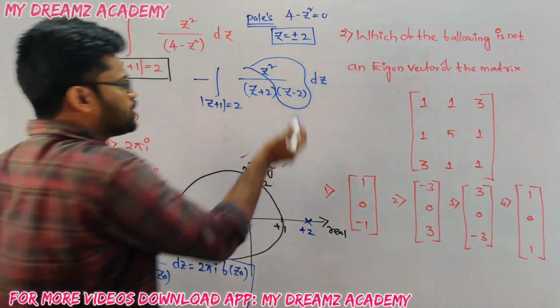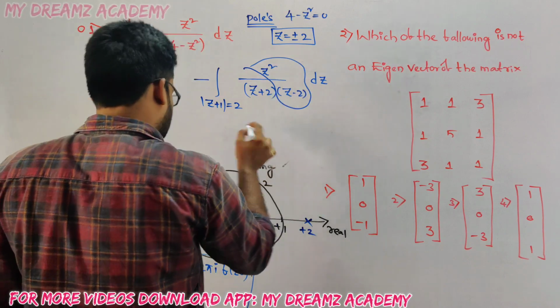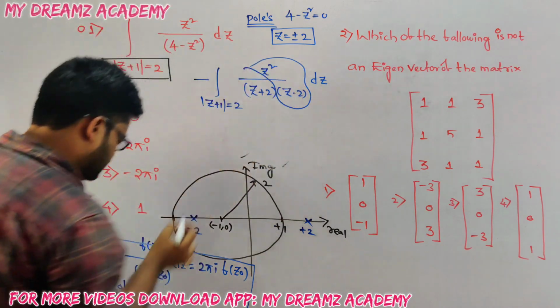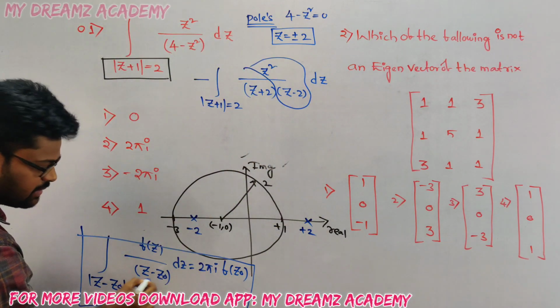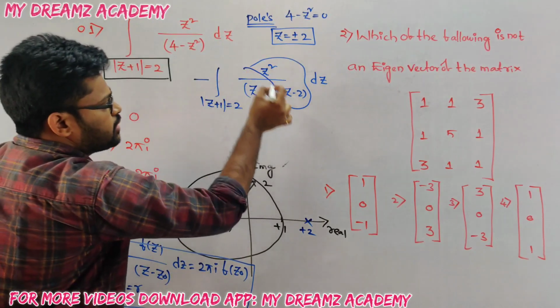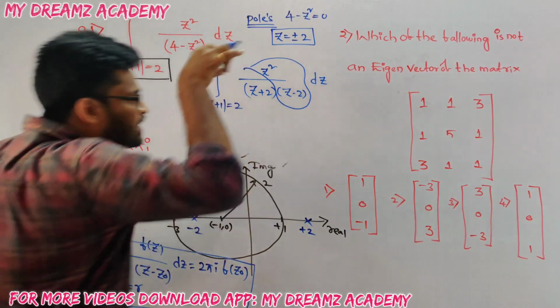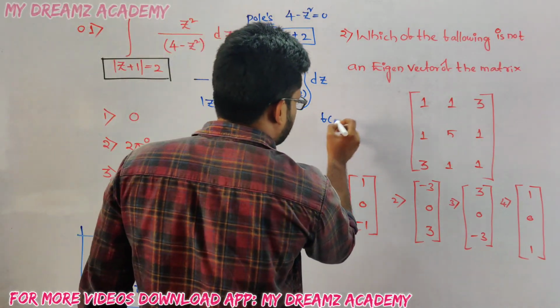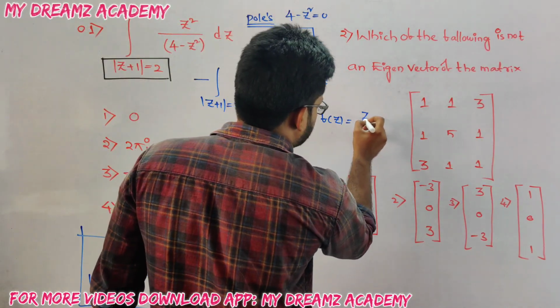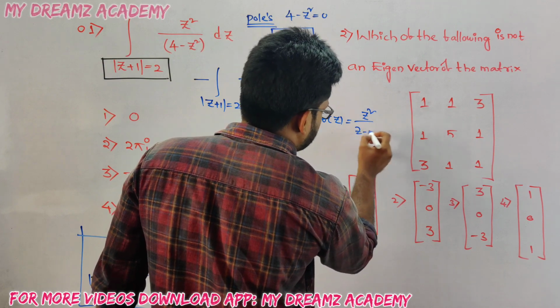We should make this part of the function. Now observe: f of z divided by z minus z naught, z square by z minus 2 divided by z plus 2. The function f of z is z square by z minus 2.